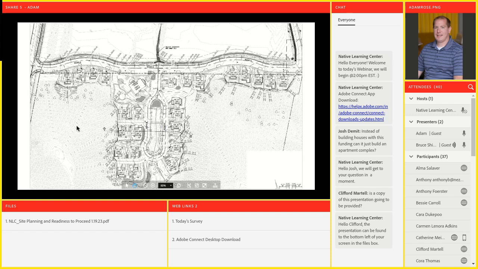So I forget exactly what the total elevation change is, but suffice to say, it's steep enough that it's difficult to walk up.